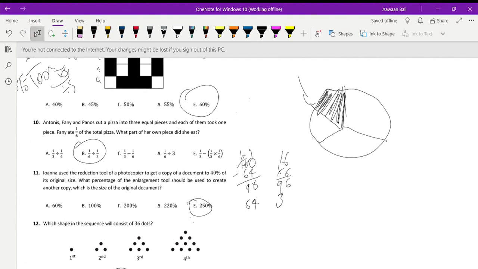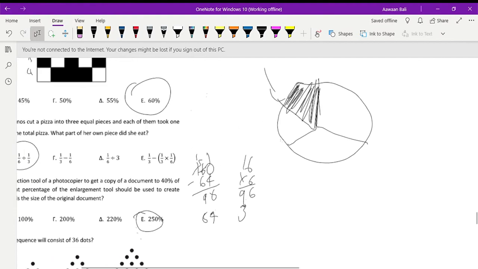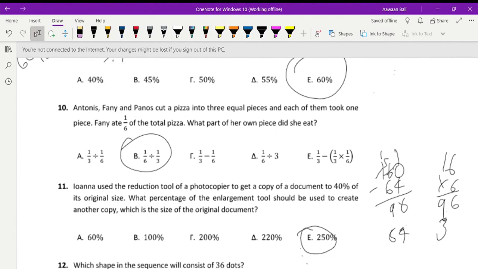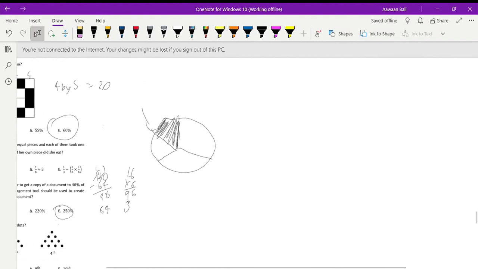What part of her own piece did she eat? That's basically a half of her own piece, since we already know that a third times a half is 1/6. But here it has to be written in equations, and since we don't see any a third times a half, we have to find the opposite way by using fact families.